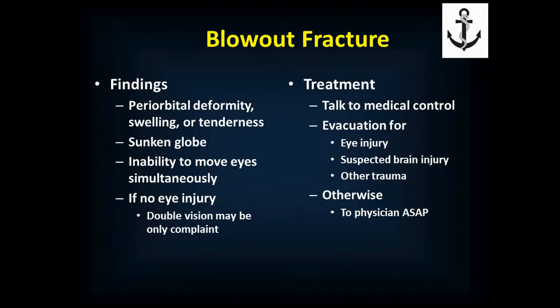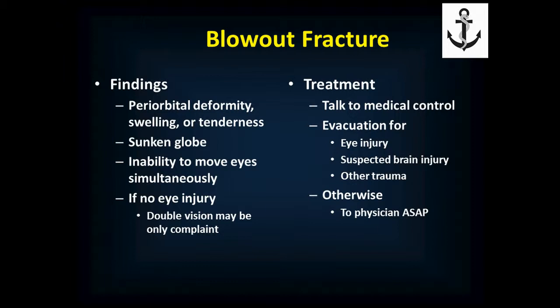Now they can have a blowout fracture without muscle entrapment, in which case you wouldn't be able to tell. But if you have them follow your finger with their eyes and one eye is moving around and the other eye is only moving a little bit, and that's the affected eye, then you need to think that there's some muscle entrapment on the affected side.